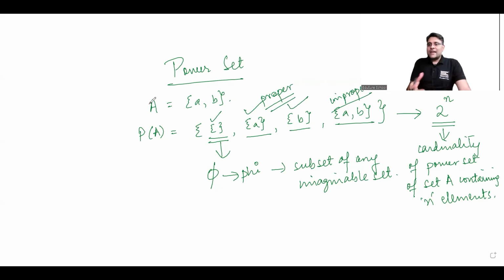So the set A itself is also a subset of itself, right? It's an improper subset, but it is a subset. So the set of all subsets includes the set itself also. So I can write it down in this way, that A is a subset of its power set. Okay, A is a subset of its power set as well, right?